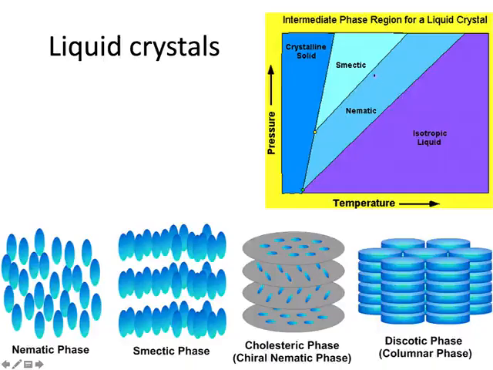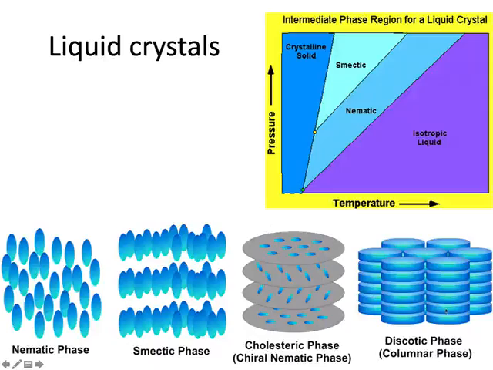So one type of order is called nematic order, where they can move freely but keep their orientation. Then you've got a smectic phase, where there is also order in bands, so that you've got layering of the phases.